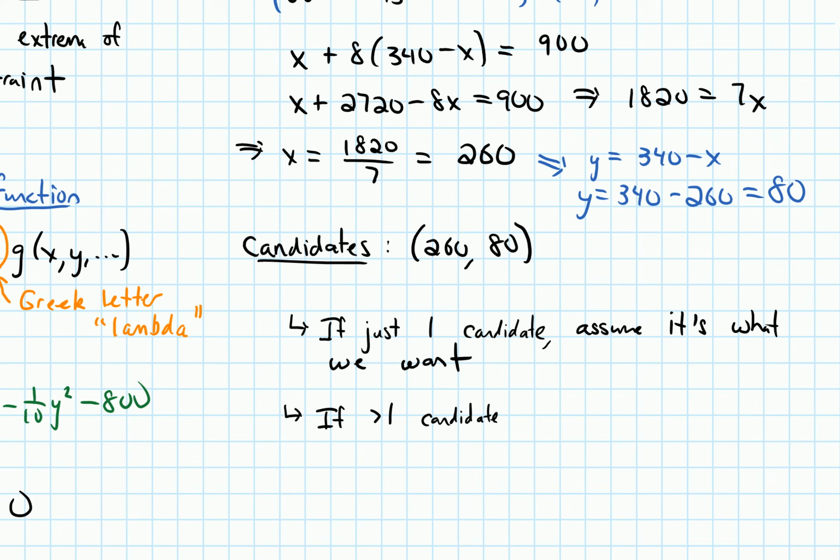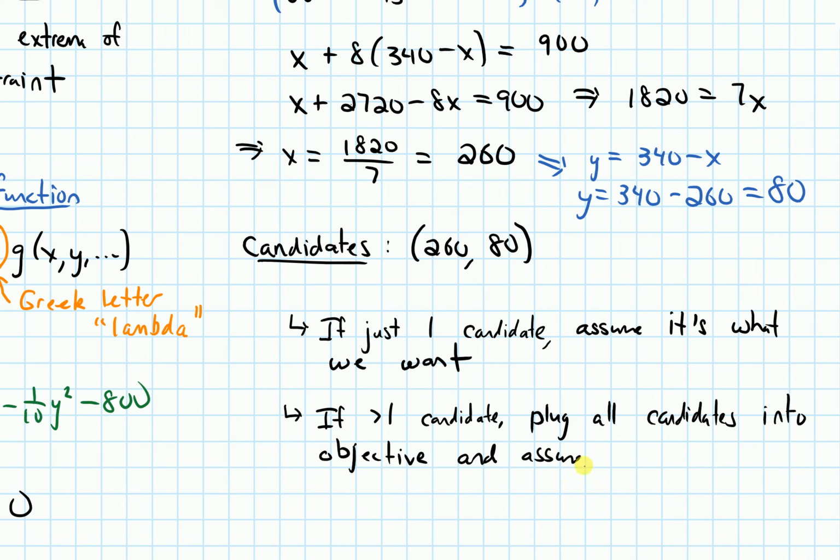If there's more than one candidate, then what we will do is plug all the candidates into the objective. In this case, that was the profit function, but whatever function we were trying to maximize or minimize. And then we'll make an assumption.